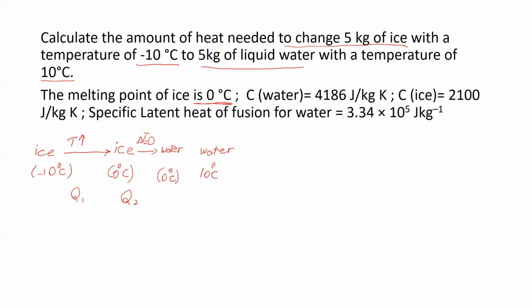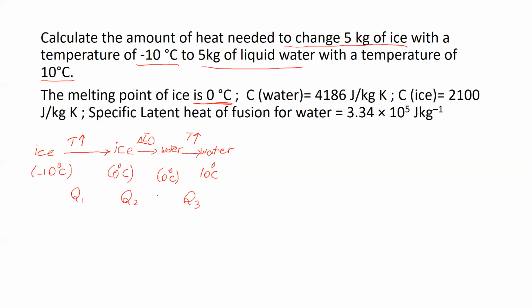After that, you have the water at a temperature of 0 degrees centigrade, and you want to increase its temperature to 10 degrees Celsius. Again, we have a change of temperature here. So we want to increase T of water. Definitely, we need to give some heat.